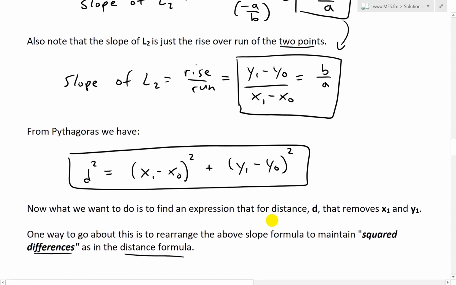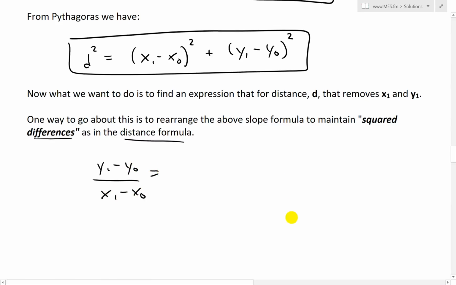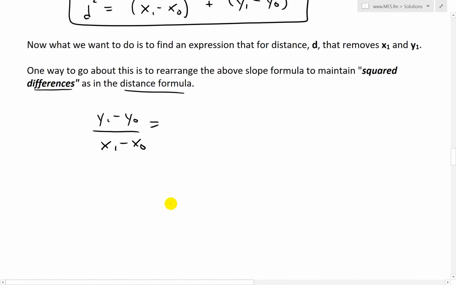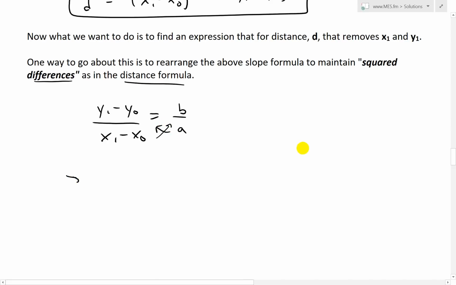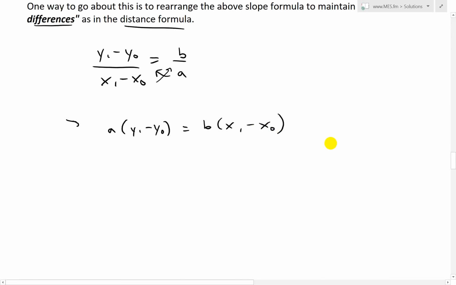So one way is, let's just write it down: (y1 minus y0) over (x1 minus x0) equals 2b over a. If we move these across, we get a(y1 minus y0) equals b(x1 minus x0), and then we square both sides so everything is squared.